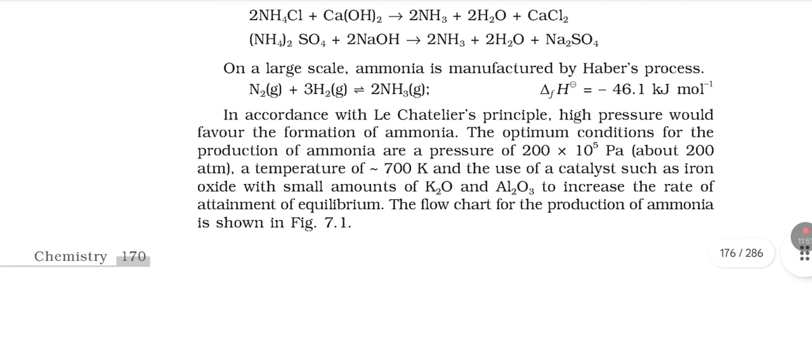In accordance with Le Chatelier's principle, high pressure would favor the formation of ammonia. Optimum conditions for production of ammonia are a pressure of 200 × 10^5 Pascal and a temperature of 700 Kelvin, and use of a catalyst such as iron oxide with small amounts of K2O and Al2O3 to increase the rate of attainment of equilibrium.